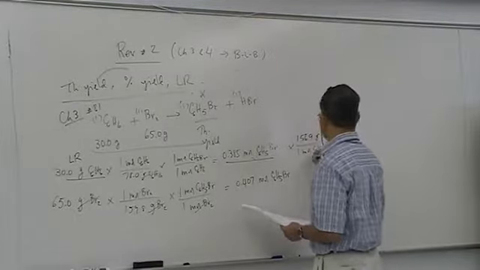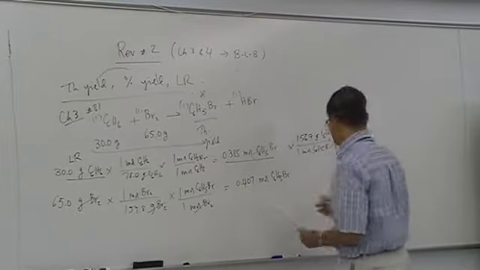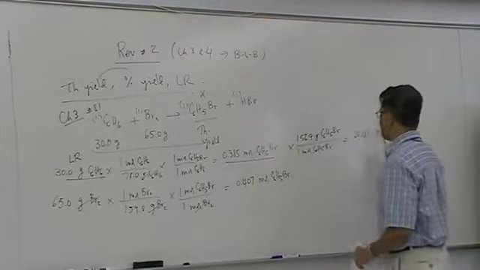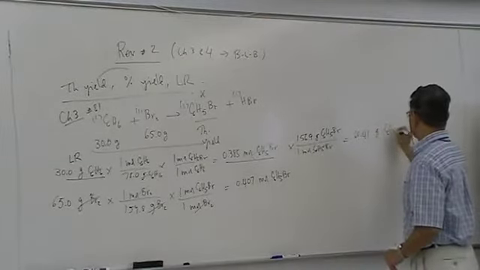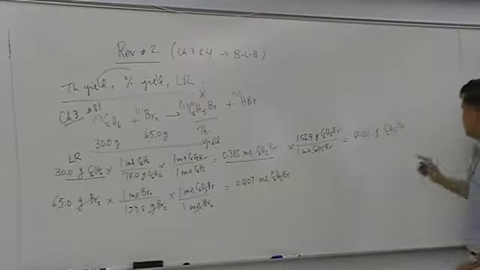So that gives me gram, and I'm going to write down the answer, 60.41 gram of C6H5Br. And this is the theoretical yield.